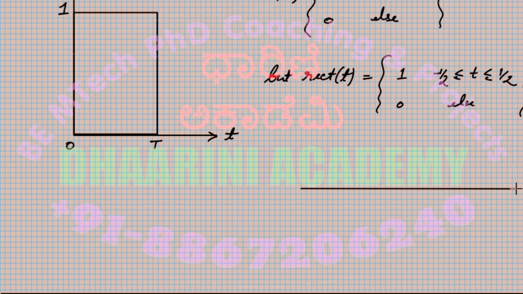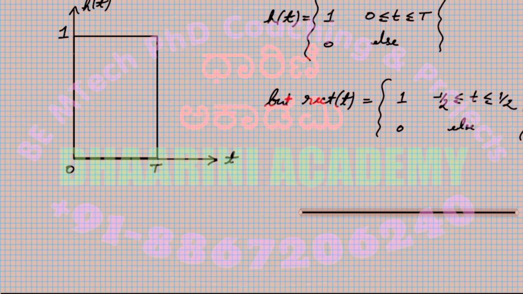Now I want to give a rect notation for my h of t. But as of now, it's not possible because it's not in the standard format. What I'm writing now is the standard format of a rect function. So this is what I'm going to call the rect of t. So the rect function, if you remember, is something like this.